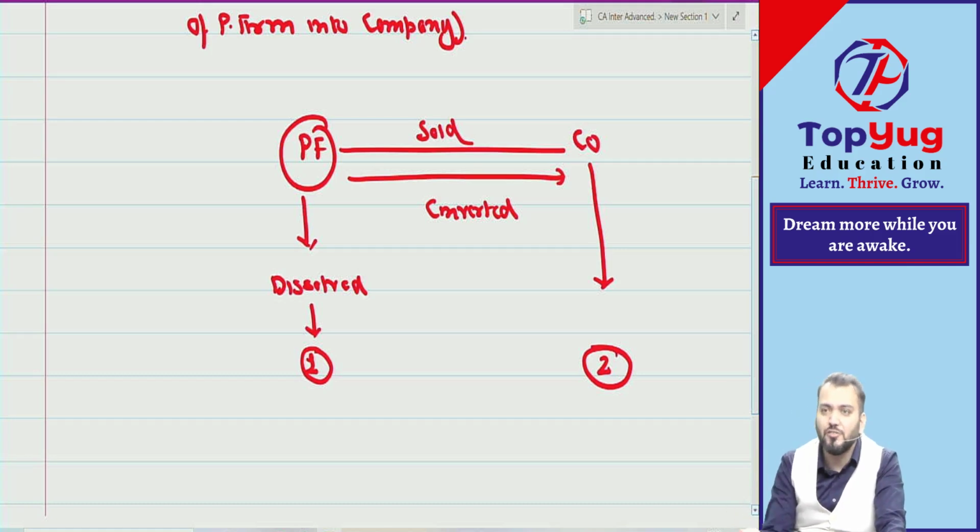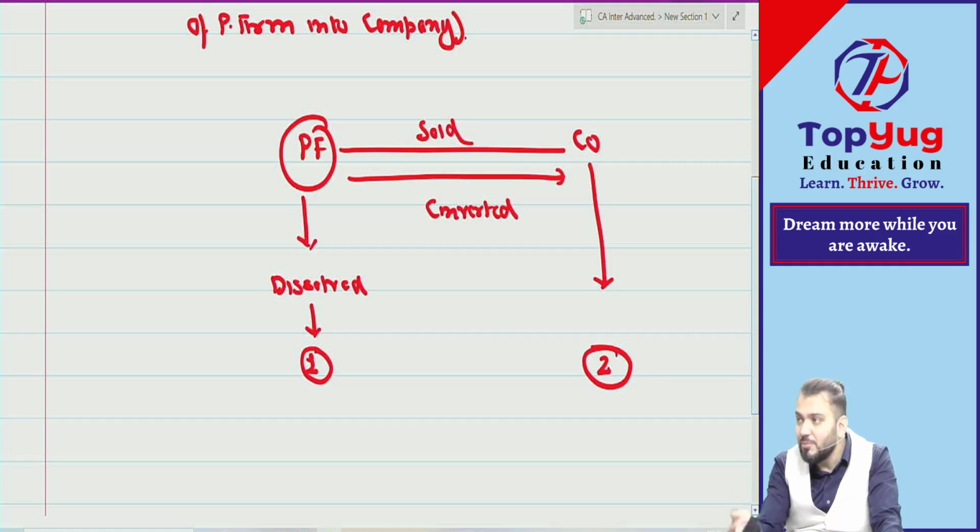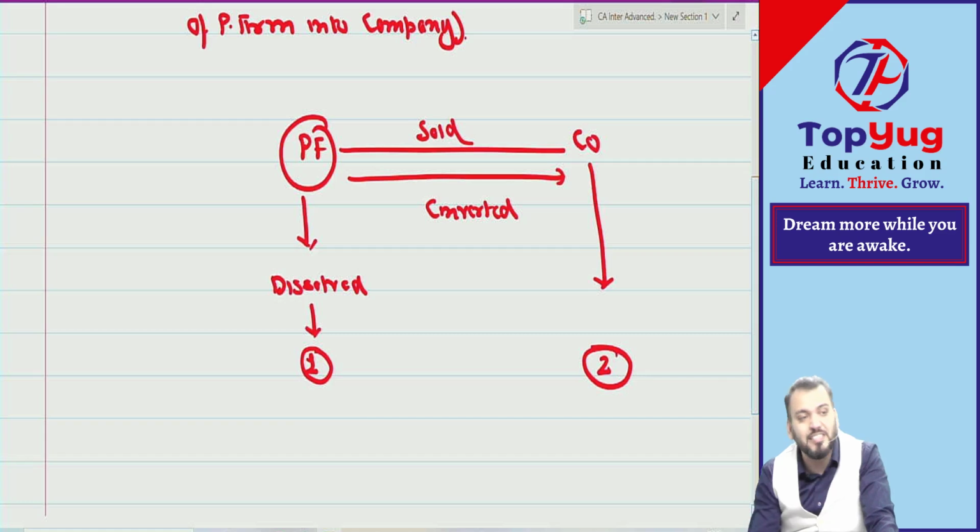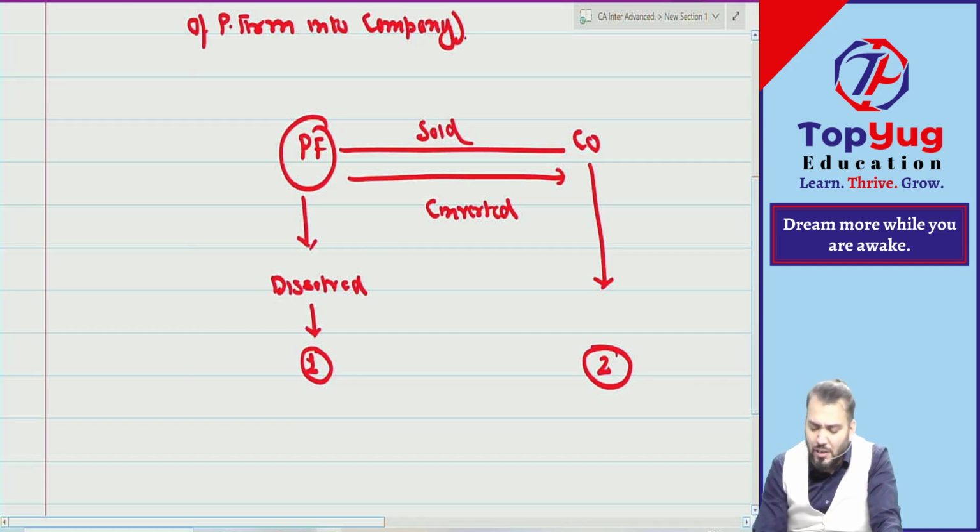In case of sale also it is quite possible that the partners' capital is for purchase consideration discharged in the form of equity shares. The partners become equity shareholders. Means can I say ownership may remain same? It is quite possible ownership may remain same. So if ownership remains same, same ownership, same management.